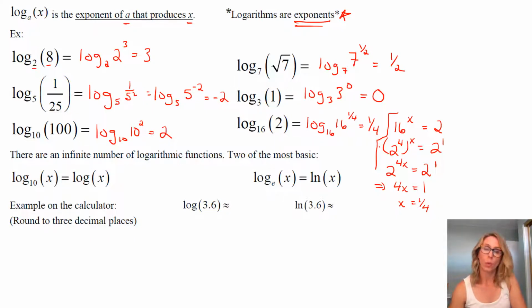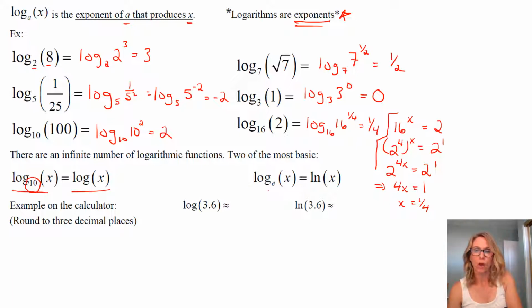However, there are two special ones. When you see log base 10, that is a special logarithm, the logarithm with base 10. It is so special that if you just see log, you assume base 10. So although you can have any base, if you have base 10, you'll just see the word log. You have to say, oh, that's base 10 because I just see log.